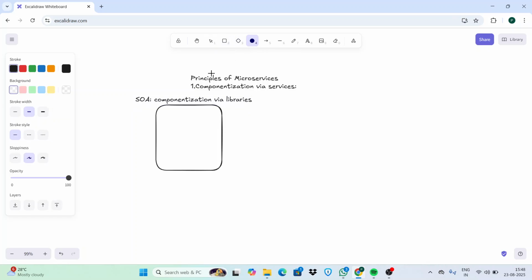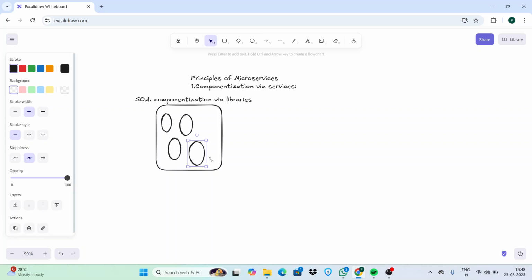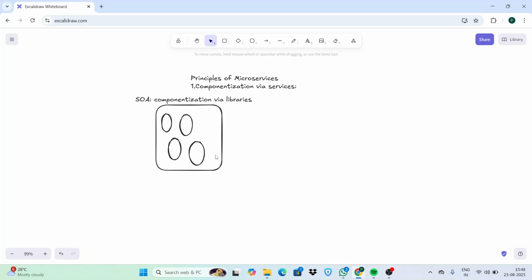In SOA, the one big program is divided into a number of services, libraries, or we can say modules. But these libraries or modules are not independent. They are just divided within that program. They still run as a single application.